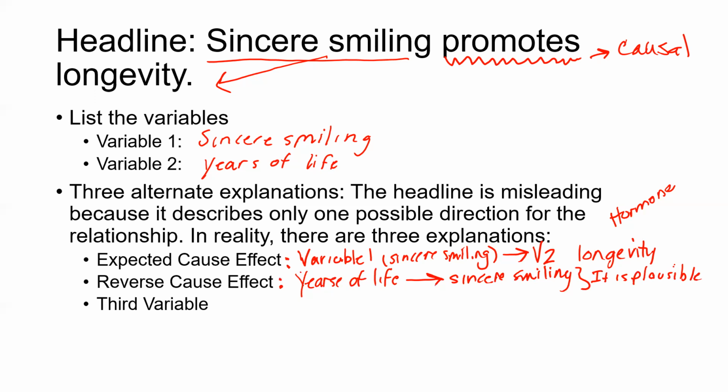And so sincere smiling increases because of years of life. Years of life cause people to give more sincere smiles because they're maybe less caught up in getting ahead and less worried about finding a good job, and more relaxed and more able to show love and affection. And so they just smile more because they're older. So it could be the reverse.